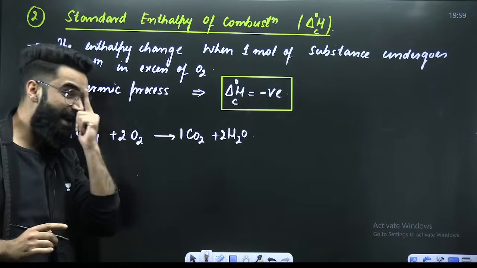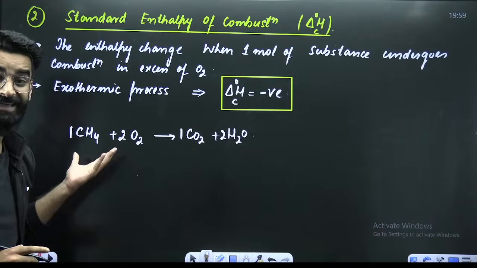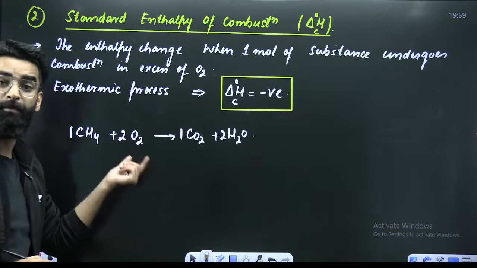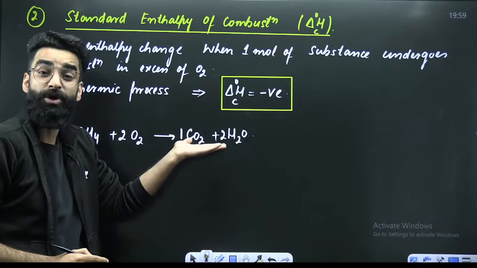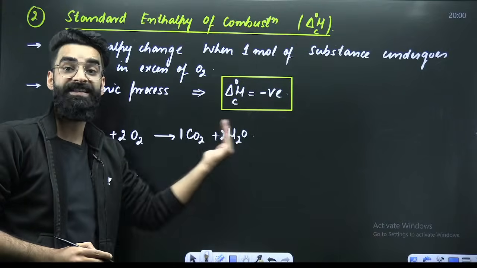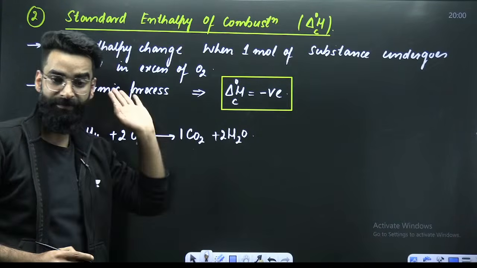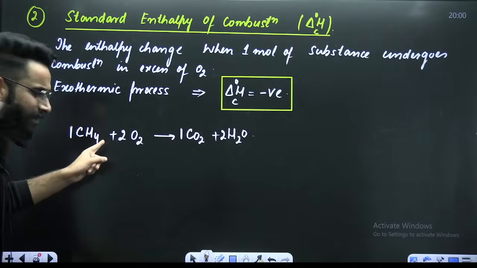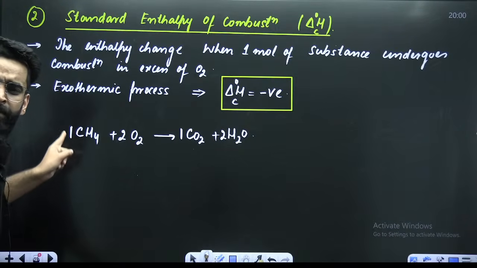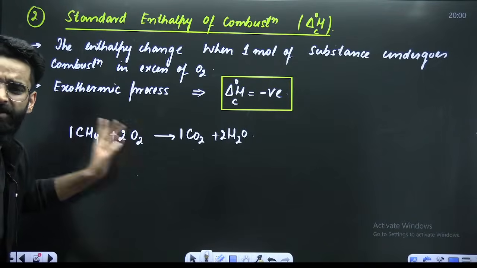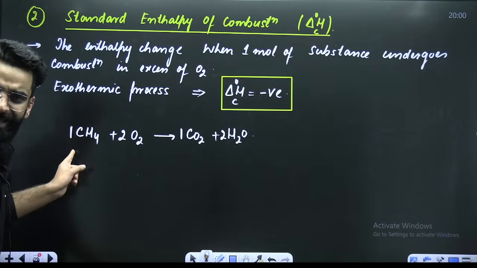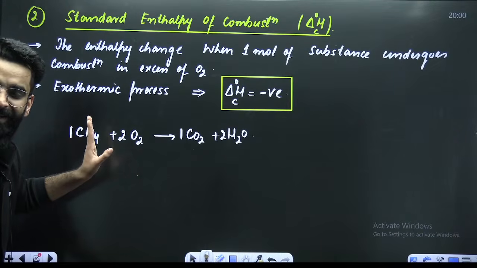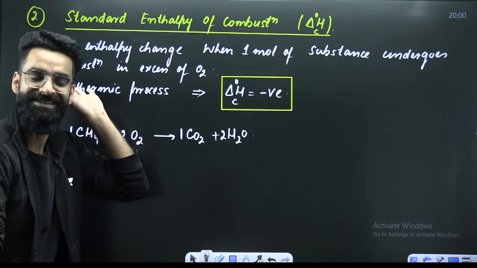If you look at this reaction carefully, first of all, it is an example of a combustion reaction. You have taken a hydrocarbon and you are doing its combustion. Combustion of a hydrocarbon always leads to the formation of carbon dioxide and water. Now people tell me one thing. Can I say in this particular reaction, 1 mole of substance is undergoing combustion? Do you see? 1 mole of substance undergoing combustion. During combustion, heat is always released.